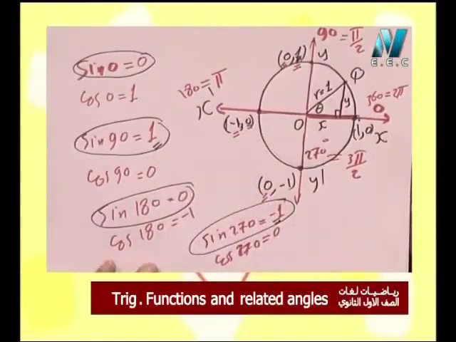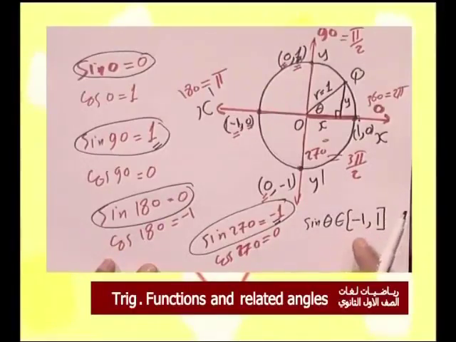So we can say that sine of any angle theta belongs to the interval between negative 1 and 1. It can be negative 1, negative half, 0, half, 3 over 4, 1, and so on. But not less than negative 1, not more than 1.